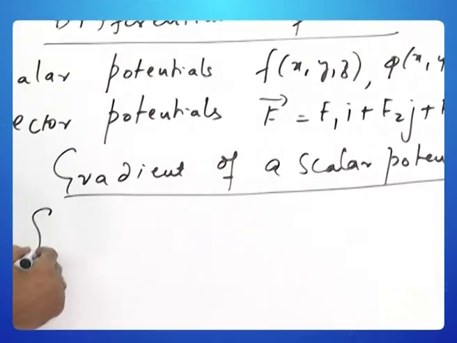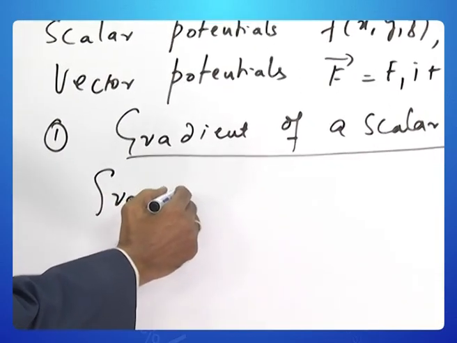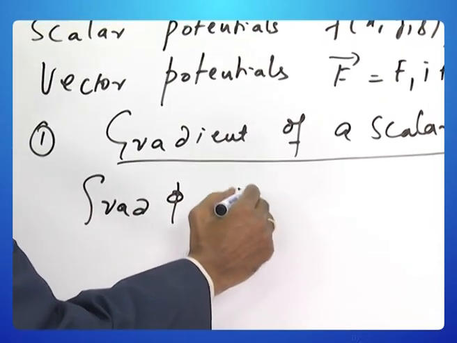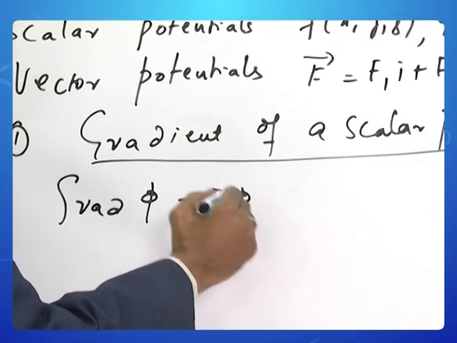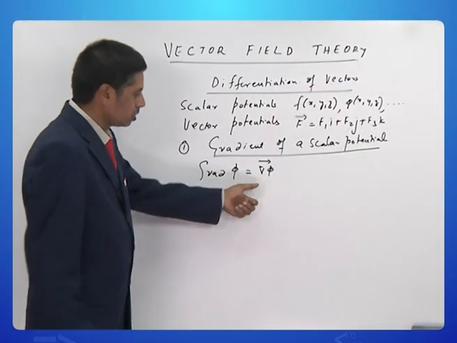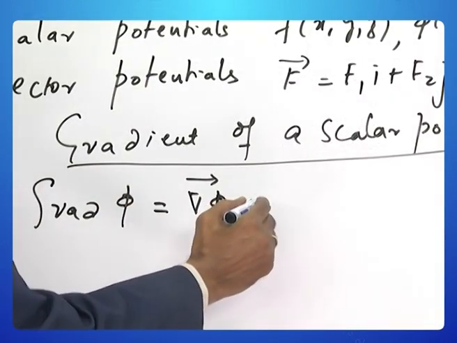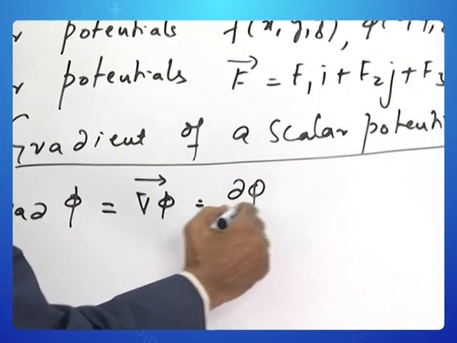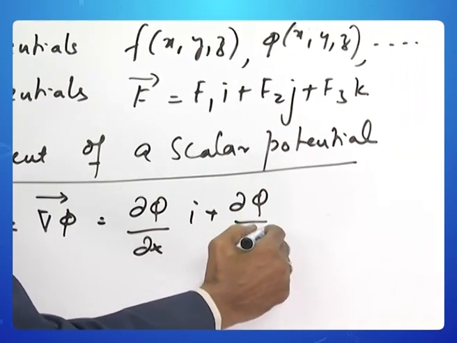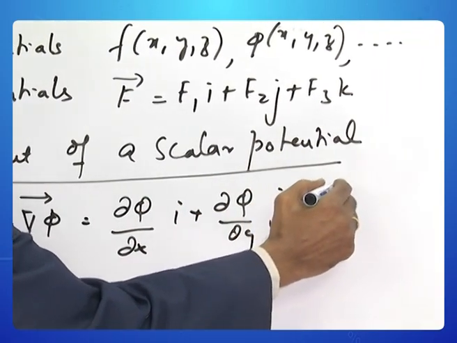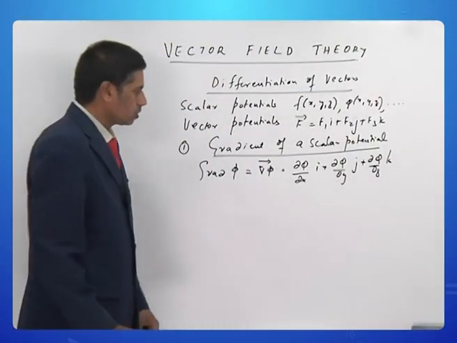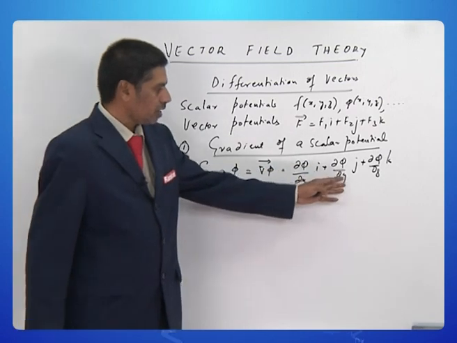So, how do we define? Gradient of phi is defined as del phi, where del is the vector differential operator. So, to that operator, if you attach phi, you get dou phi by dou x i plus dou phi by dou y j plus dou phi by dou z k. So, this output is always a vector.